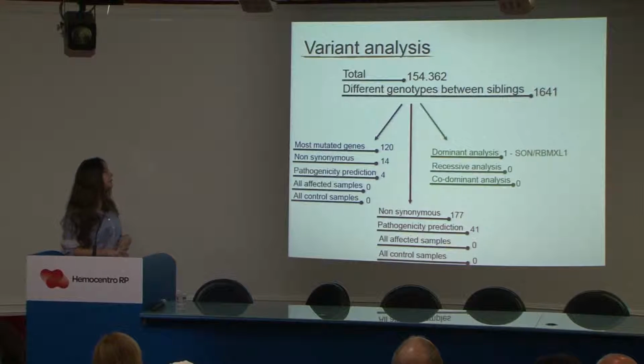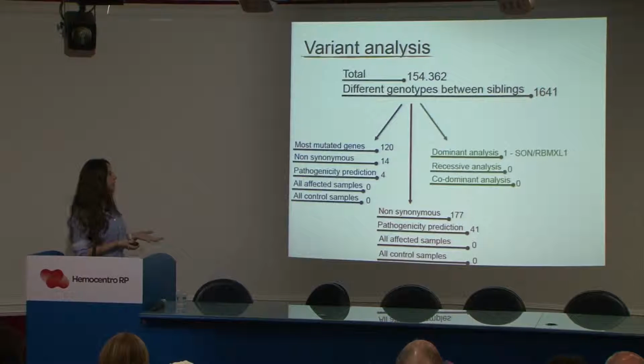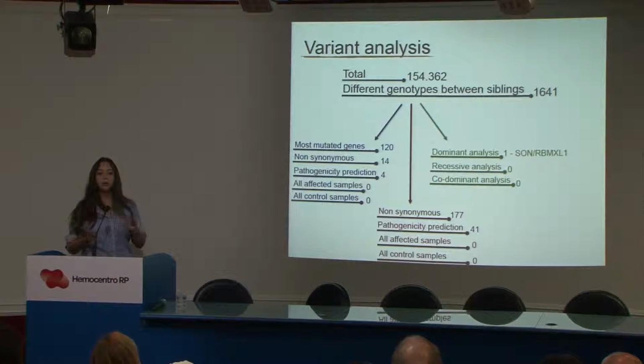And then we made the heritance analysis, not based on pathogenicity, but with all the mutations. We made the dominant, the recessive, and the codominant analysis for both the control group and the affected group, the splenic sequestration group.